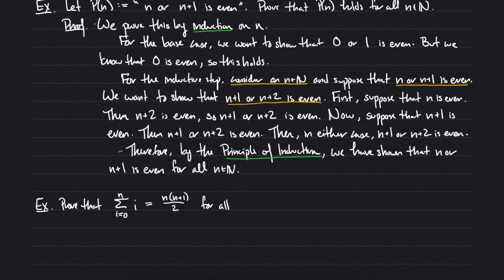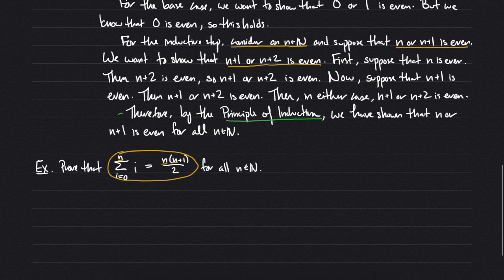I don't know if we've explicitly talked about this in the context of sums, but i is a bound variable. And this equality here, we're saying holds for all natural numbers n that we might consider. So we want to prove this guy for all n in N.